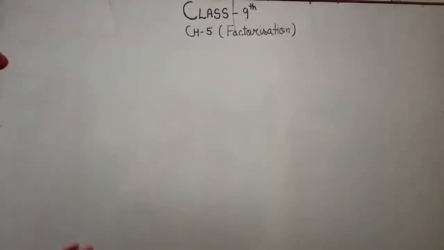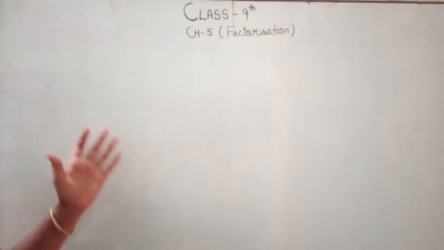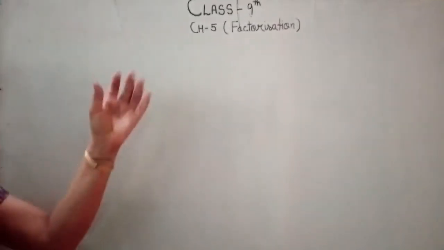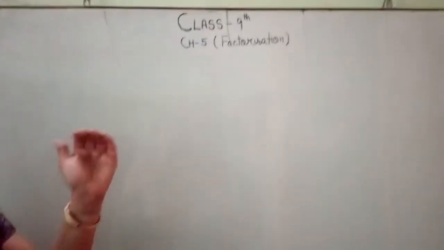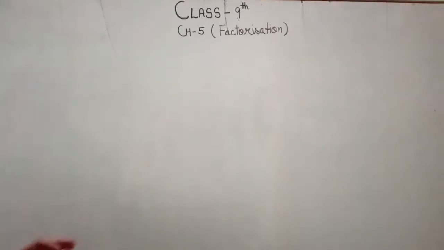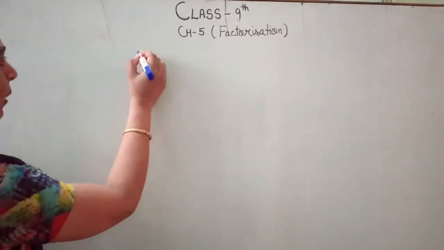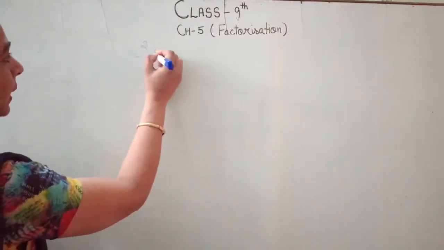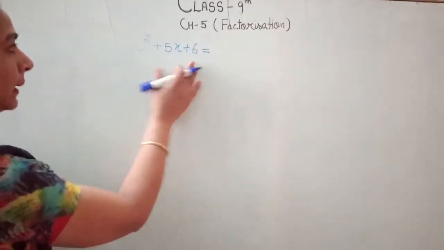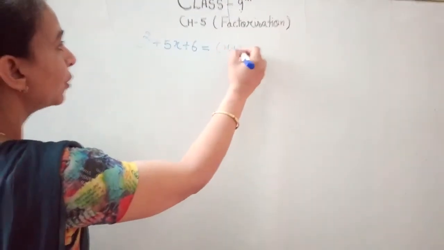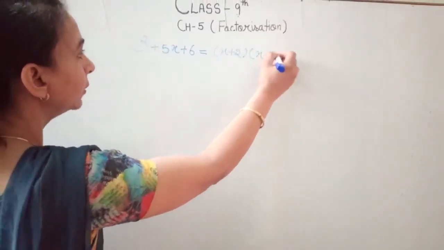Students, when an algebraic expression or polynomial can be expressed as the product of two or more expressions, then each expression is a factor of the given polynomial. For example, if we have the polynomial x square plus 5x plus 6, we can write it as x plus 2 times x plus 3.